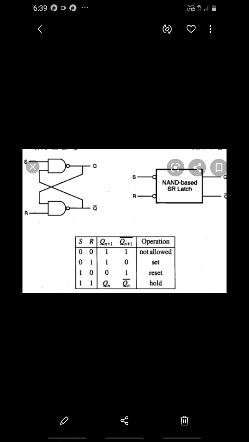It is Q bar is 0, so 0 1 is 1. And here 1 0, 1 0 is 1. Okay, and 1 1 is 0, Q is 0, so this is a reset condition.